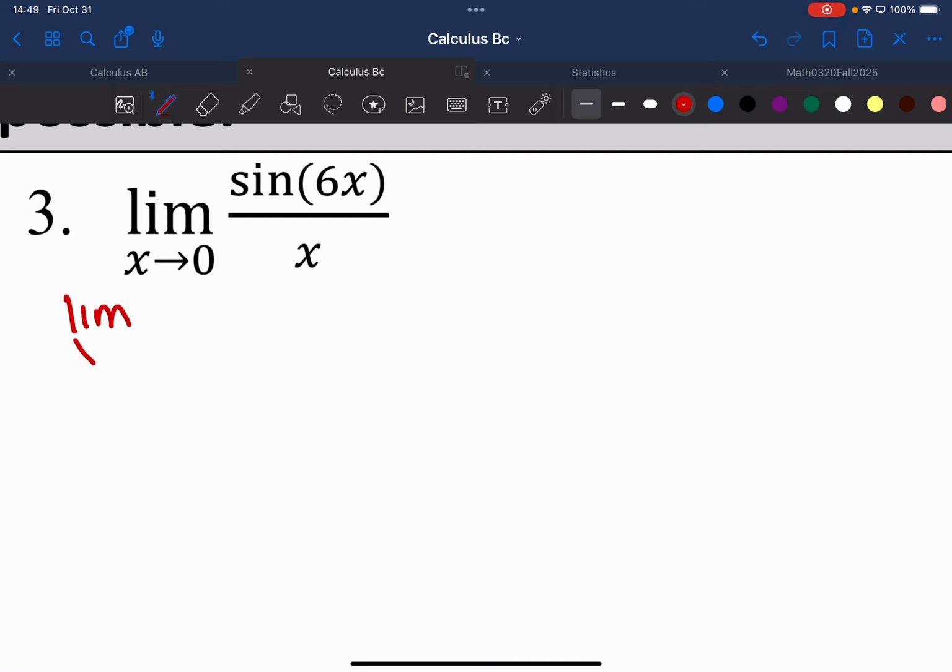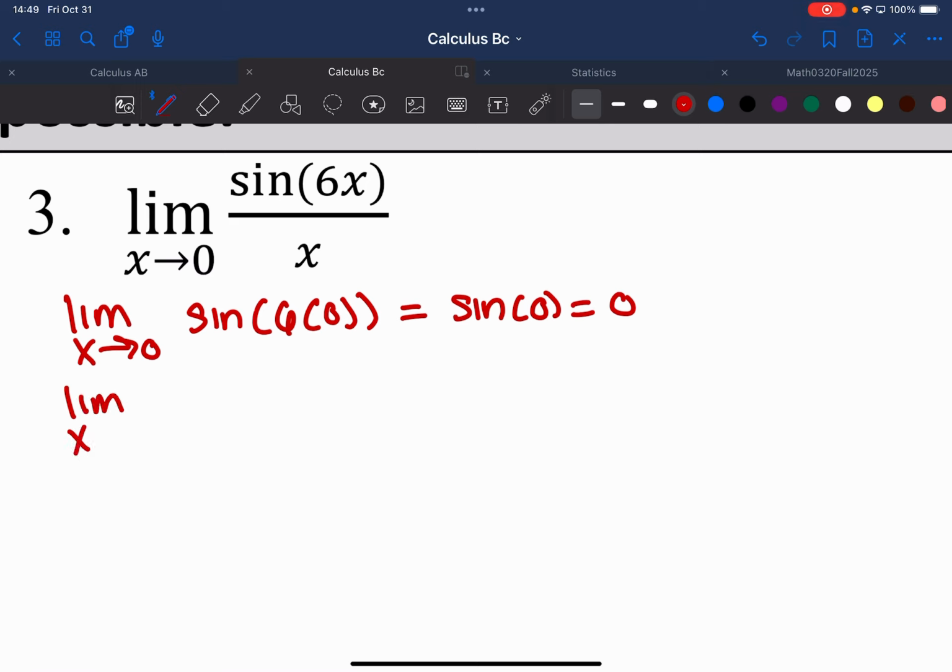So the limit as x approaches 0 of sine of 6 times 0 gives us sine of 0, which is 0. And the limit as x approaches 0 of x is equal to 0 as well. Now that we know we can use L'Hopital's rule, what are we doing for each part? The derivative.